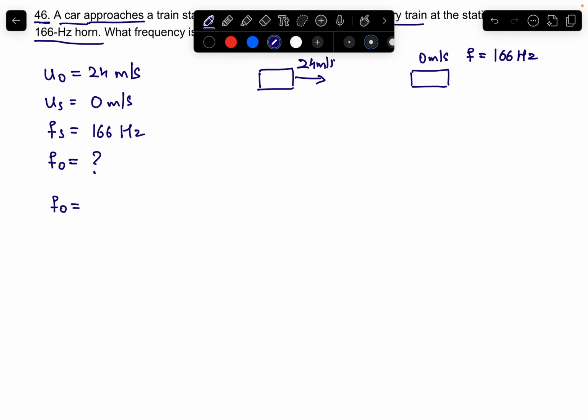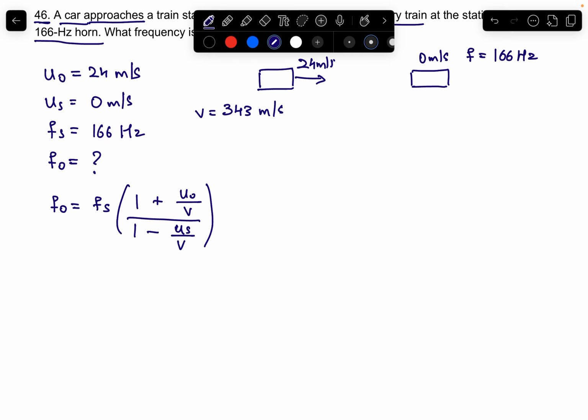The Doppler effect tells us that when the two objects are moving towards each other, the frequency of the source and the observer are related by this formula, where v is the speed of sound, 343 meters per second.